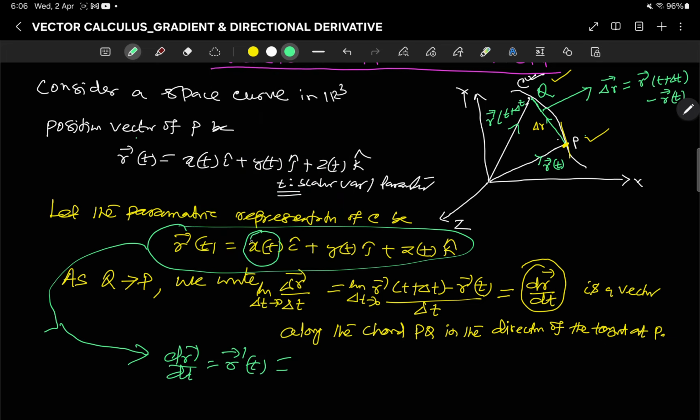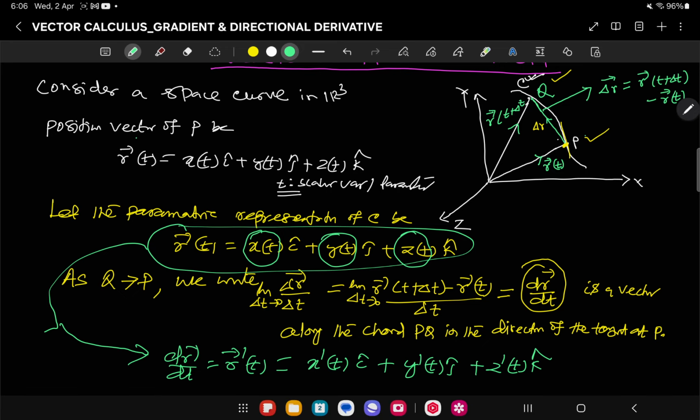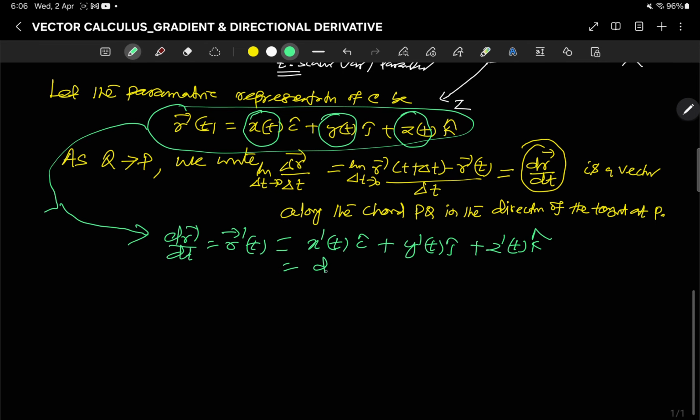So differentiation of this component wise: x dash t i plus y dash t j plus z dash t k. So this is equal to dx by dt i plus dy by dt j plus dz by dt k.